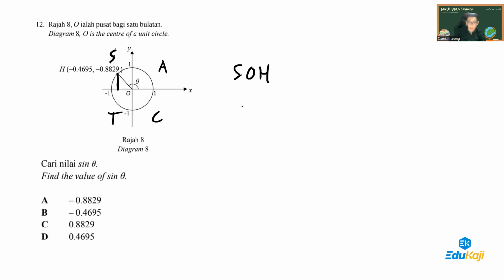So it's 0.8829 over hypotenuse. Hypotenuse here is 1, so it's just 0.8829. Yeah, answer C.